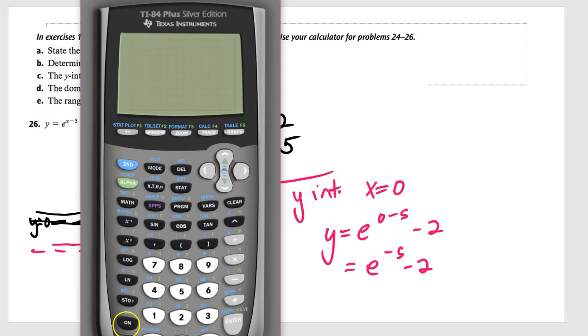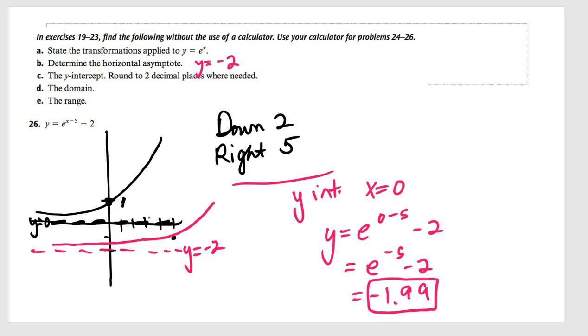Let's turn them on. And we're going to say second, and then the ln. That gives us the e button. We're going to raise it to the -5, and then we're going to subtract 2. And I get -1.993.